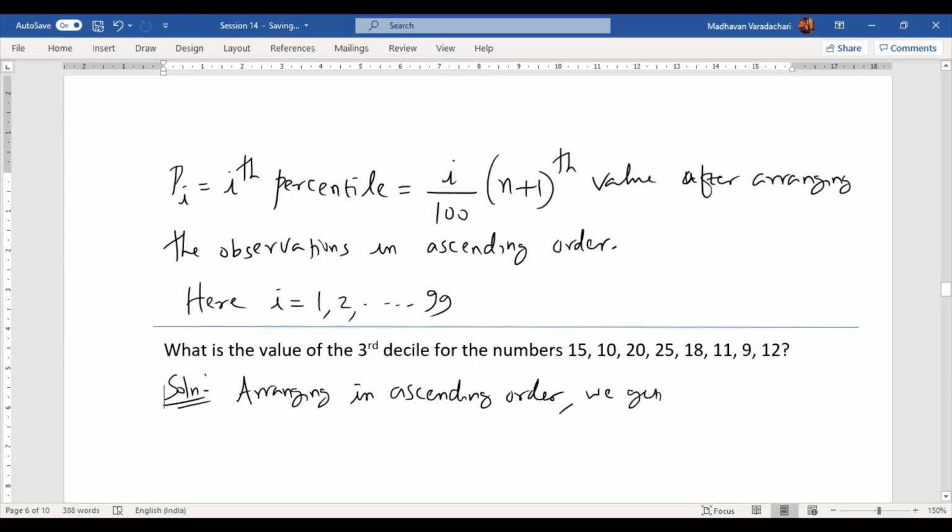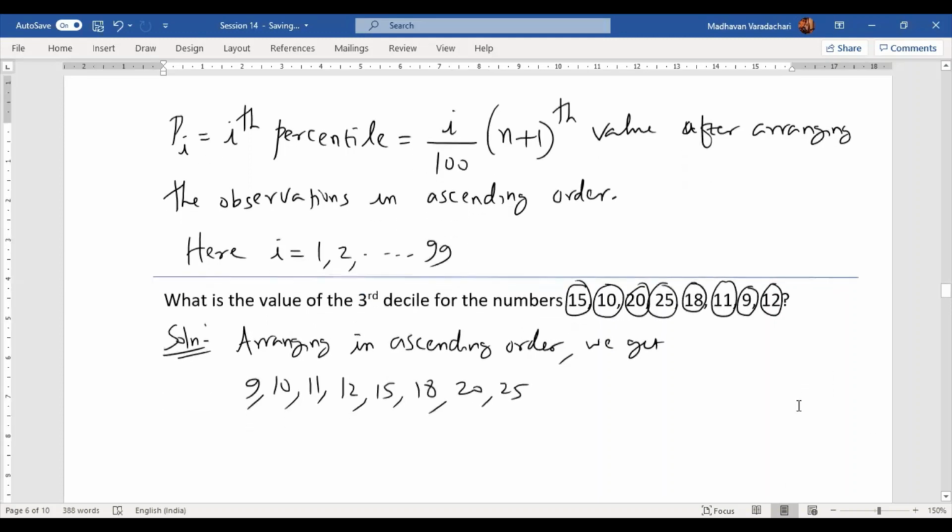We get the first number is 9, then 10, then 11, 12, then 15, 18, then 20, 25.